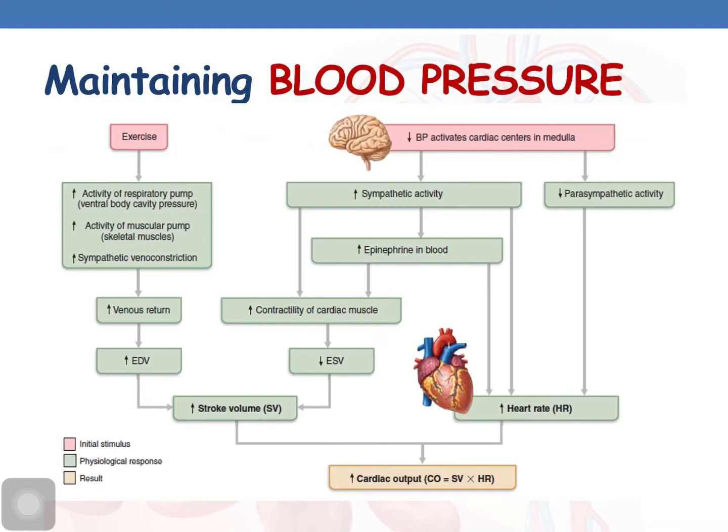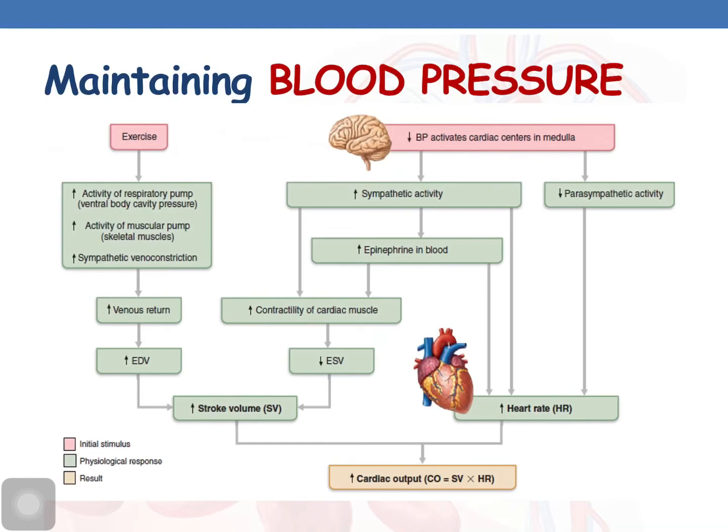This epinephrine increases contractility of cardiac muscle, thus decreasing end systolic volume. When we decrease end systolic volume, the stroke volume increases. Why? Because the formula for stroke volume is end diastolic volume minus end systolic volume. Decreased parasympathetic activity, on the other hand, increases heart rate. Thus, if we increase heart rate, we increase the cardiac output and increase the blood pressure.